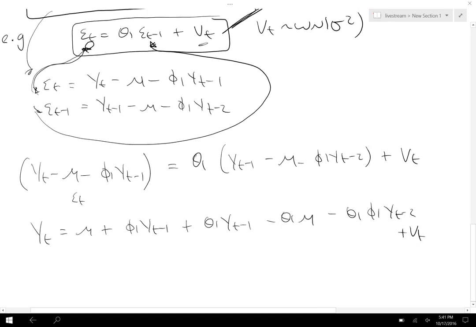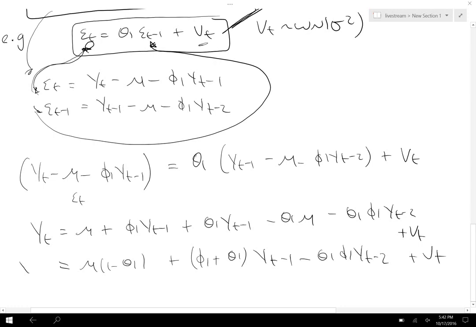So all we're doing is rearranging two equations. We can then simplify. This is equal to mu(1 minus theta_1) plus, then we're going to get theta_1 plus phi_1 on y_{t-1}, minus theta_1 phi_1 on y_{t-2}, plus v_t. So we're just rearranging.